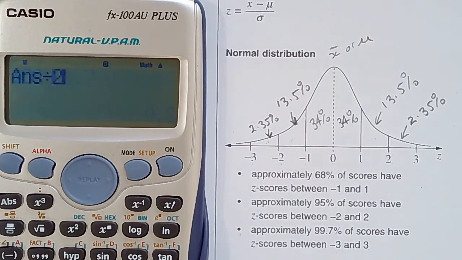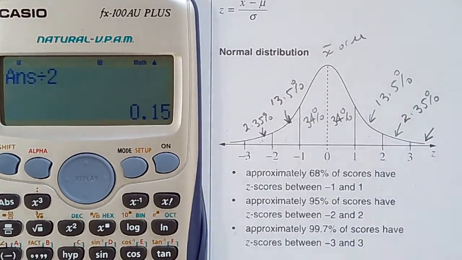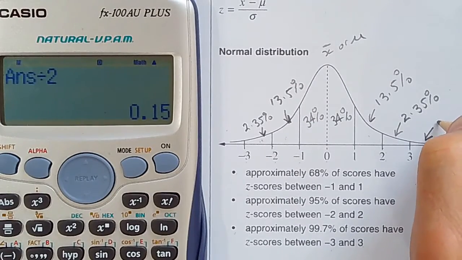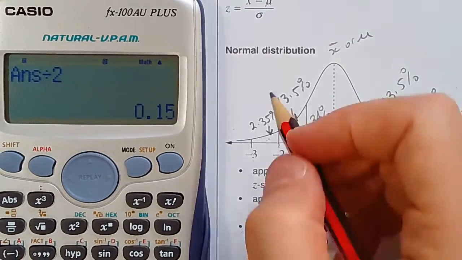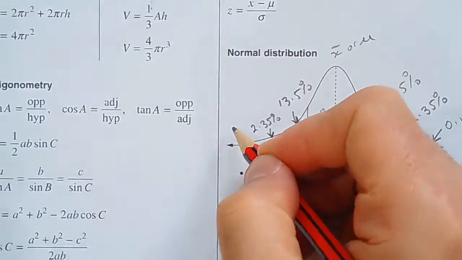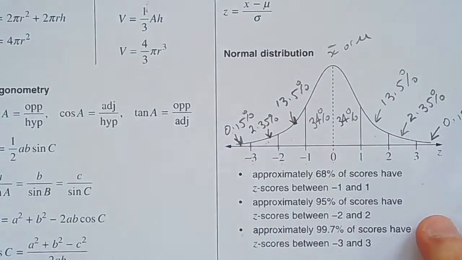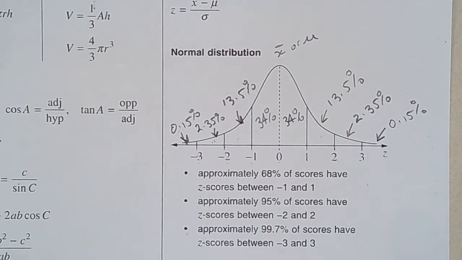If we divide that by 2, that gives us 0.15% in the upper end or the lower end of the tail of the distribution. So that's 0.15%, and also the same thing on this side as well, 0.15%.